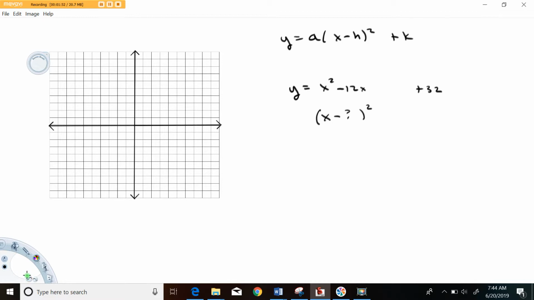So I'm going to put a 6 right here. Now, the kicker though is that the last term when you FOIL this is plus 36, and there's no plus 36 here. So what we'll do is we'll just supply it. I'm going to put a plus 36.